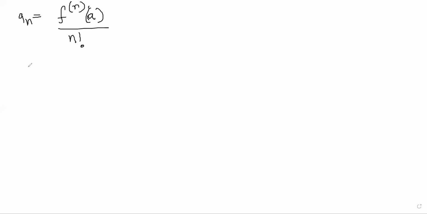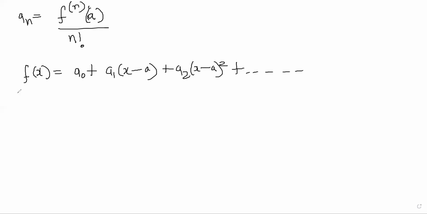So that gives us immediately the Taylor series expansion, which is f of x. Generally you're supposed to write a0 plus a1 x minus a plus a2 x minus a whole square plus so on. So now what you will write, because you know the values of the coefficients, a0 is actually f of a, right?